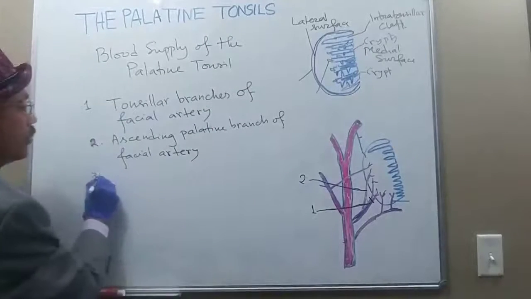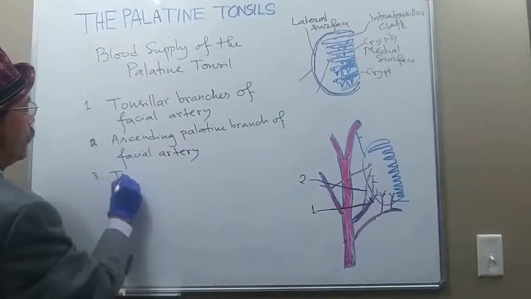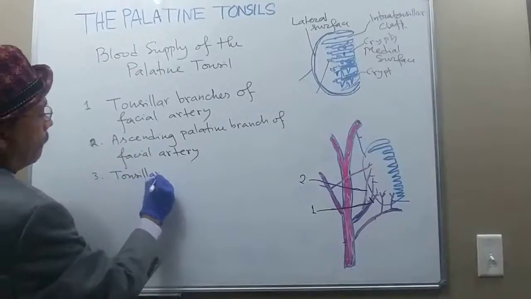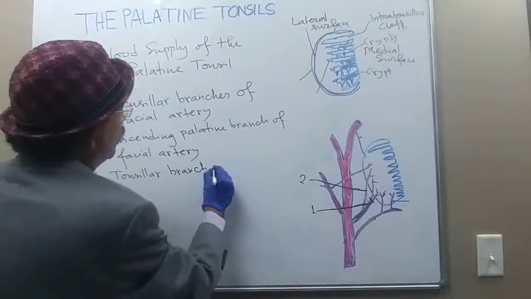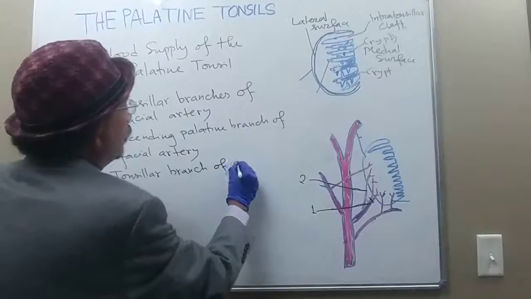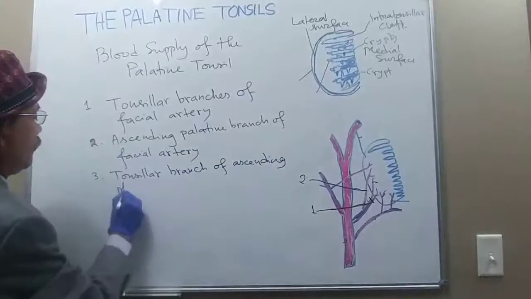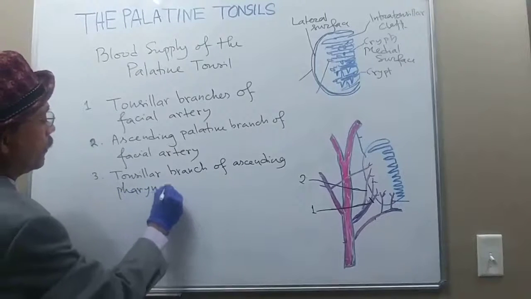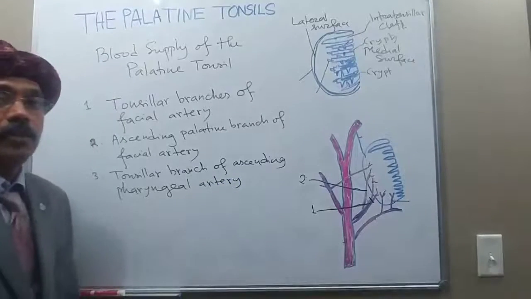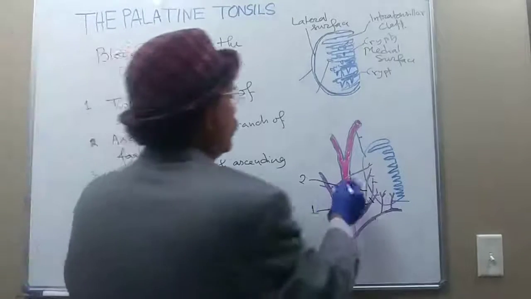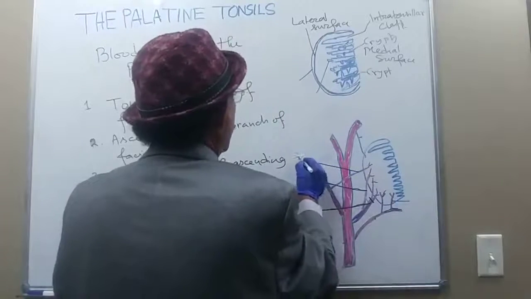Then tonsillar branch of the ascending pharyngeal artery. That is a branch of the external carotid artery. This is number 3.